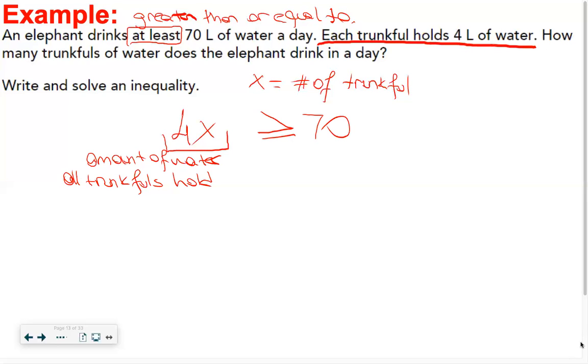Now, let's solve this. 4x is going to be greater than or equal to 70. Divide both sides by 4, then you will get x is going to be greater than or equal to what? 35 divided by 2, 17.5. It says, how many trunkfuls of water does the elephant drink in a day?